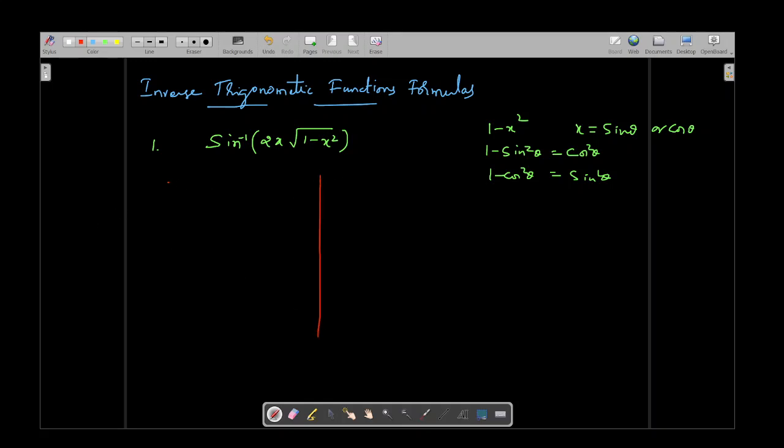So I'll put x is equal to sine theta over here, and x is equal to cos theta over here.